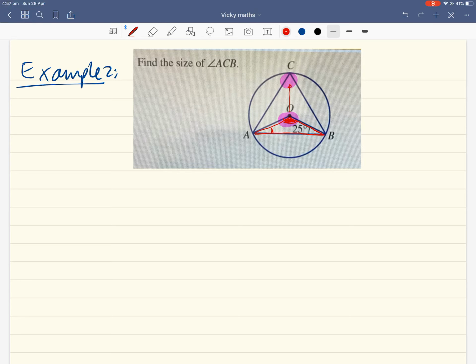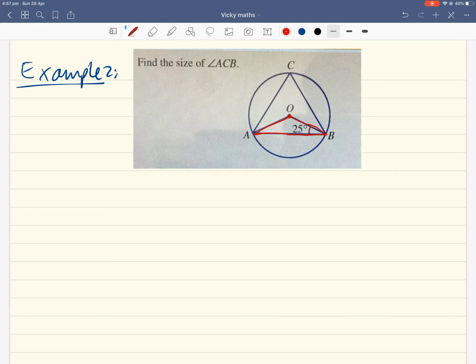So let's make some observations regarding this shape, or the bottom triangle at the very least, because we need to use it. So looking at this triangle, what do we know? Well, this angle is 25 degrees. Cool. But if you look at it, O is the center of a circle. OA, OB, these two lines are connected back to the circle.